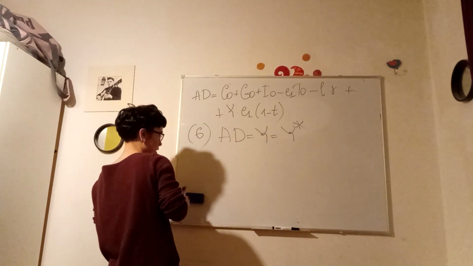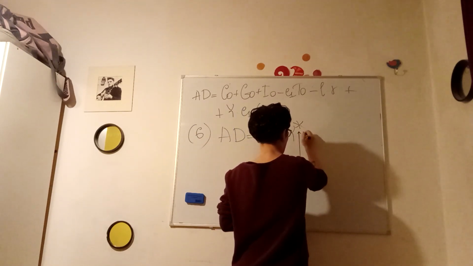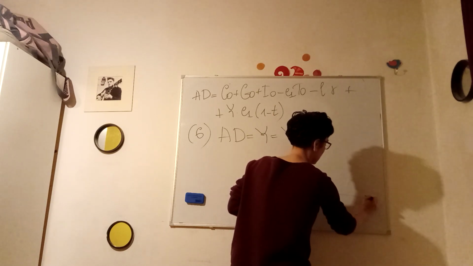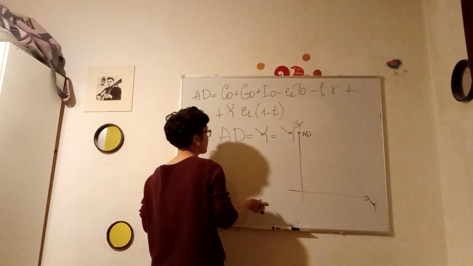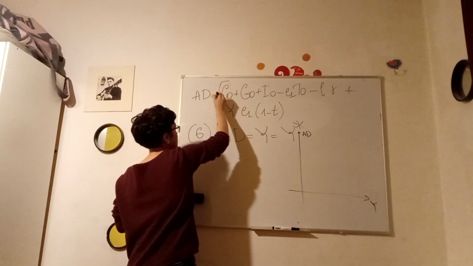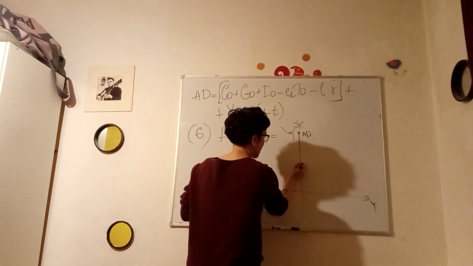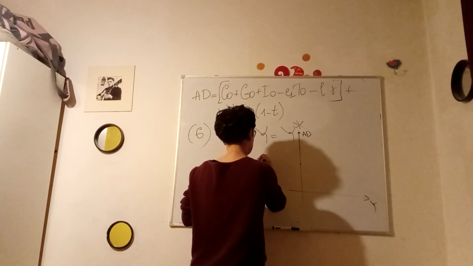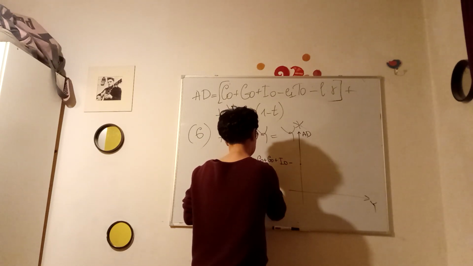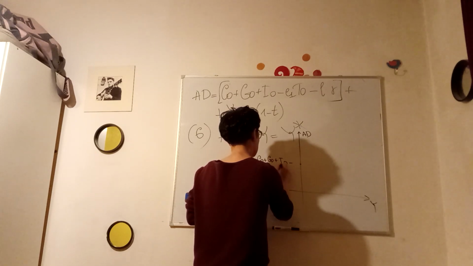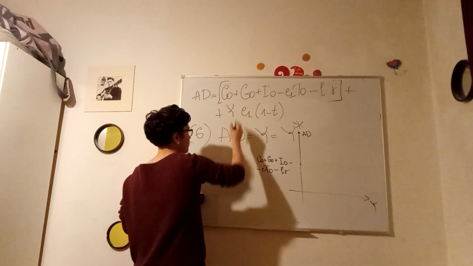So, technically speaking, we apply the same Keynesian Cross model. We have aggregate demand on the vertical axis, and income and output on the horizontal axis. This will be the value of the intercept because it does not contain any item with Y. So you've got C0 plus G0 plus I0 minus C1 times T0 minus L times R. This will be the slope.